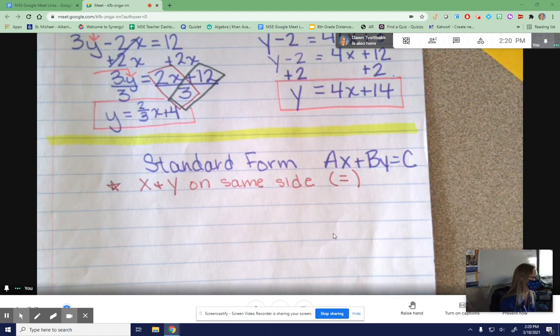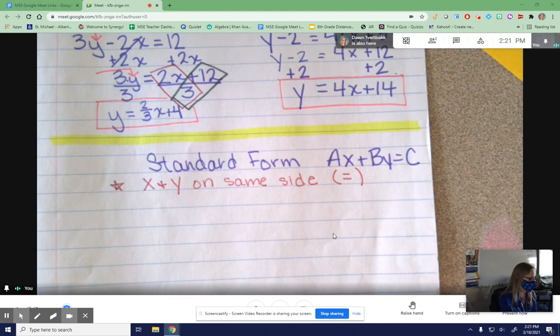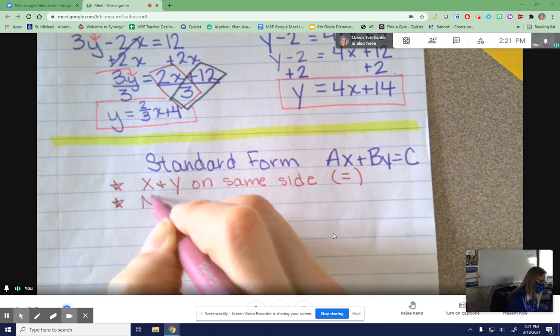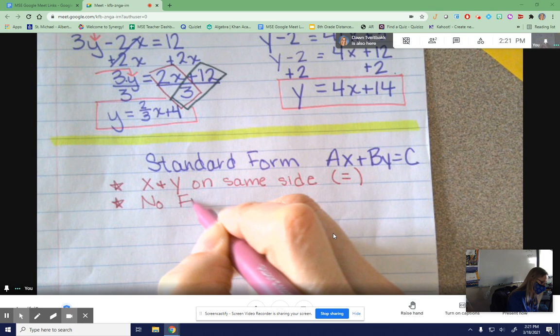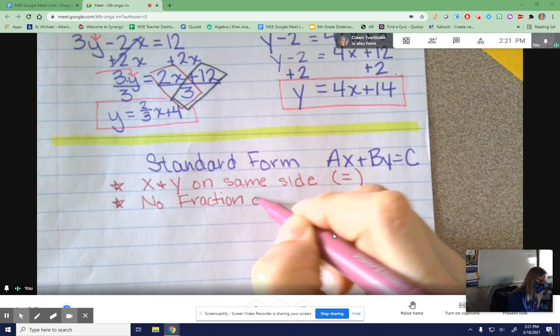That's what I mean. So you want them on the same side of the equal sign. Doesn't matter if it's the left or the right. This shows the left, but they can be on the right. And the other thing is, you want there to be no fractions or decimals.